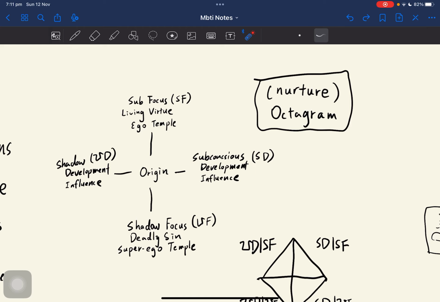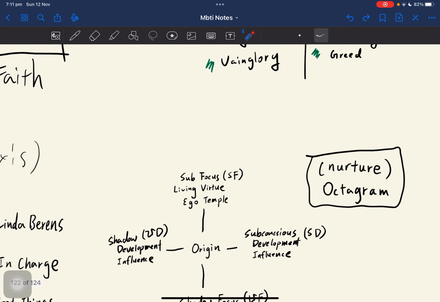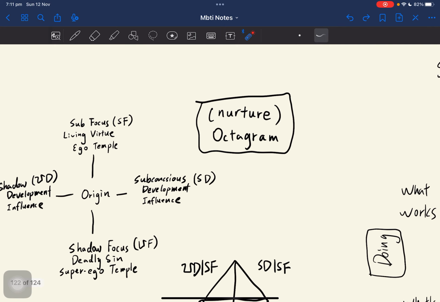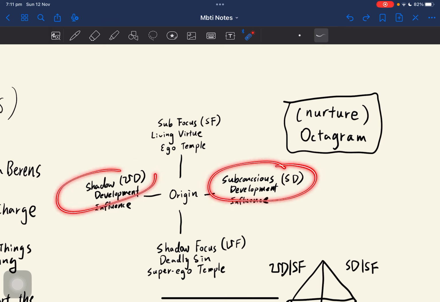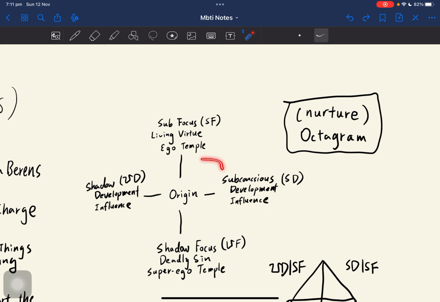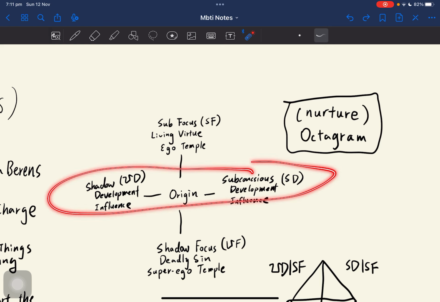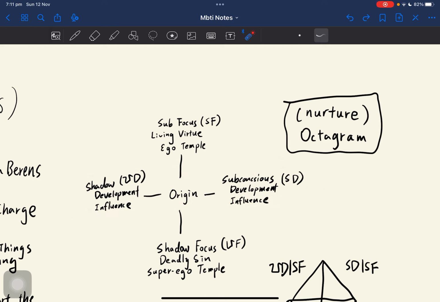So for example, I recognize this as the influence of the environment. I'm not 100% sure about this yet, but my hypothesis is this one is the influence of the environment on you.